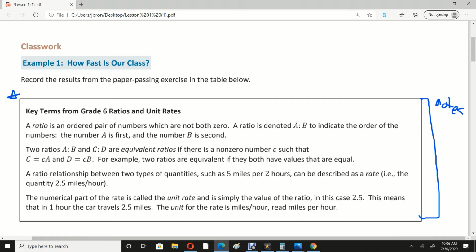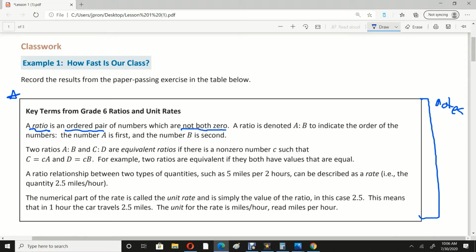A ratio is an ordered pair of numbers which are both not zero. A ratio is denoted as A:B. If these were numbers, it would be like 1 to 2.